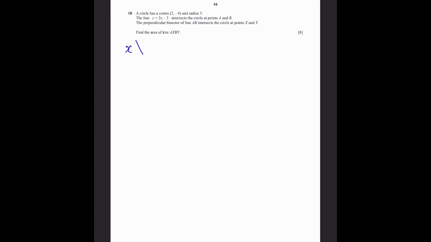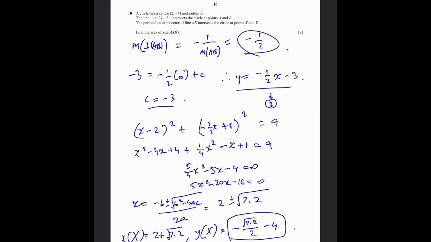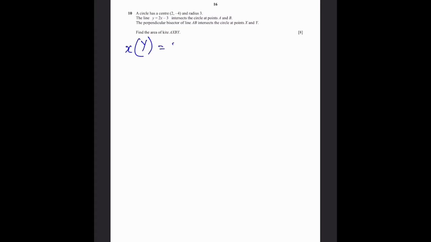So if the x value of the point Y is 2 minus root 7.2, then the y value of point Y is going to be minus half times 2 minus root 7.2 minus 3, which is root 7.2 by 2 minus 4.